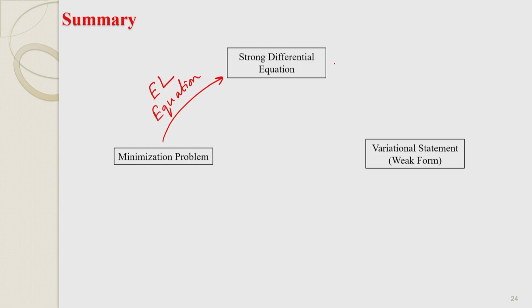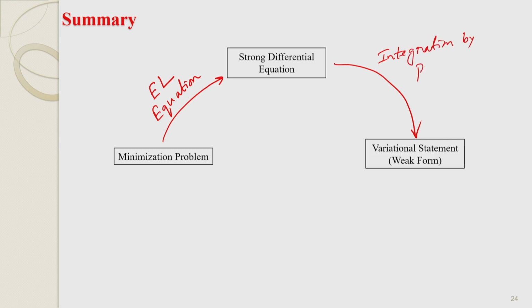Strong differential equation to variational statement we get by multiplying the variation with the differential equation and doing integration by parts.